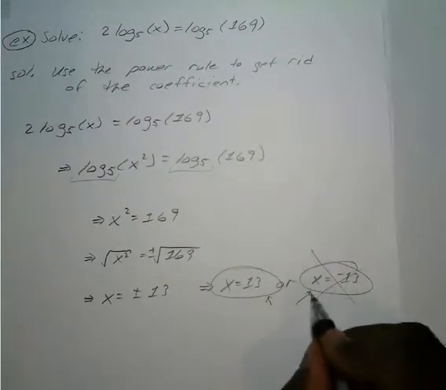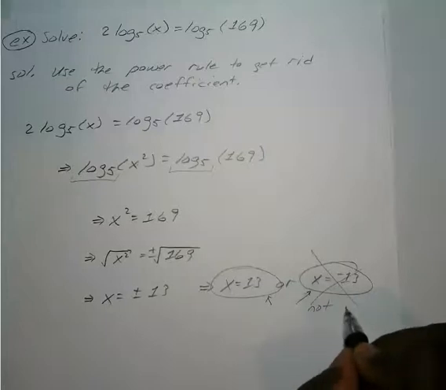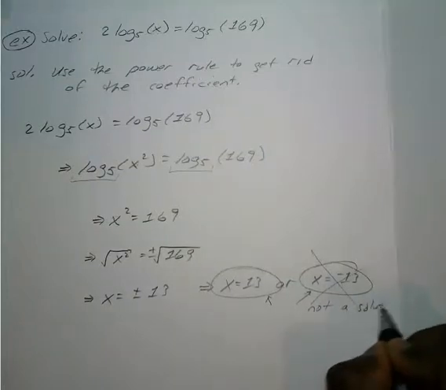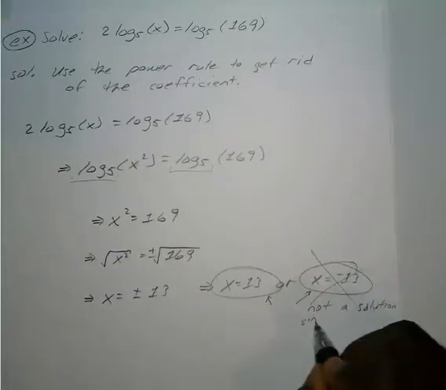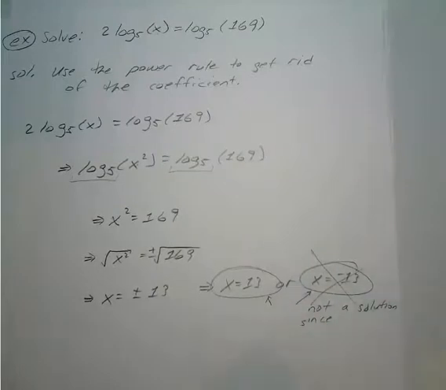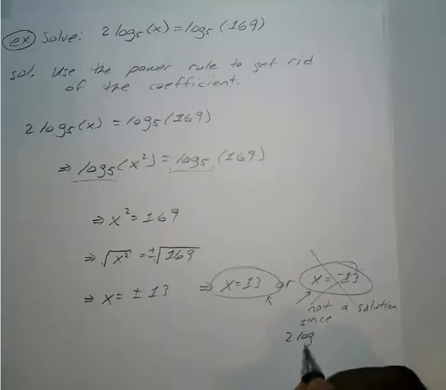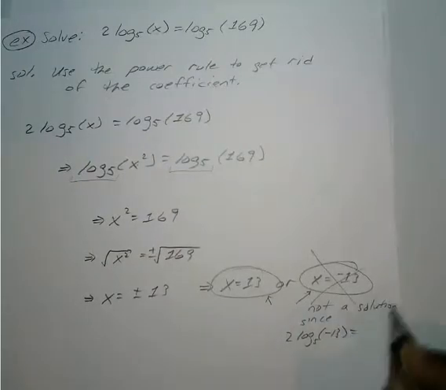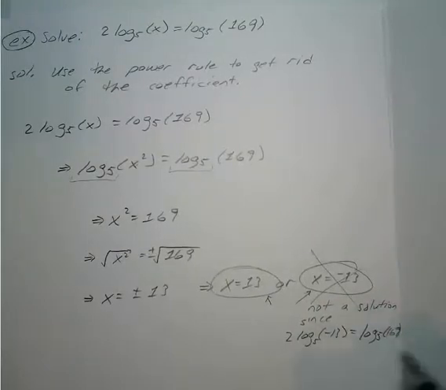Okay, so this one's not a solution, since, let's say 2 times log base 5 of negative 13 equals log base 5 of 169, remember that that m has to be greater than 0.